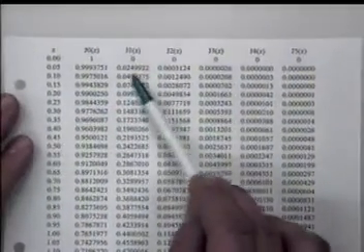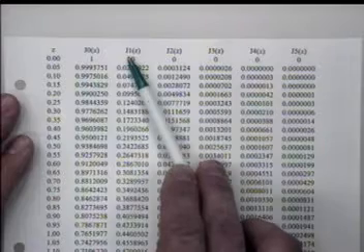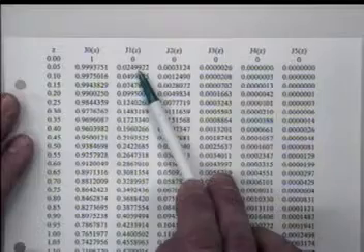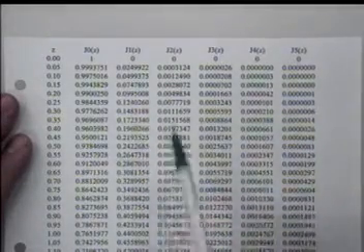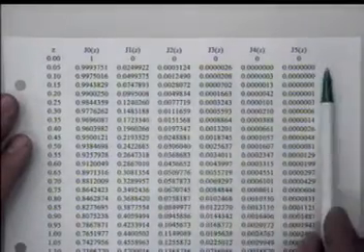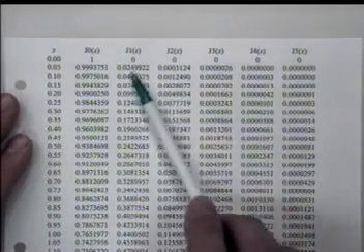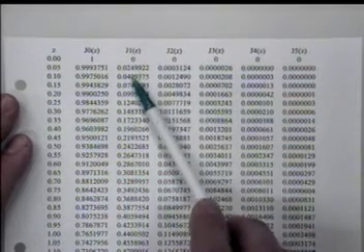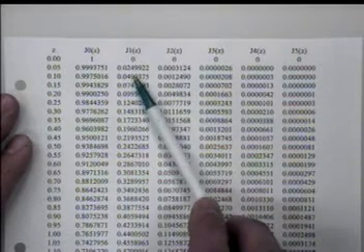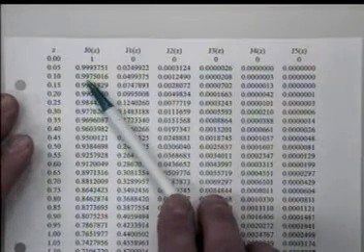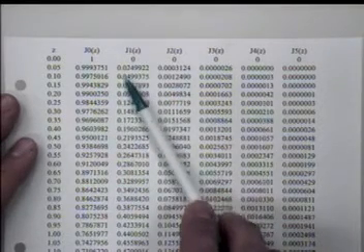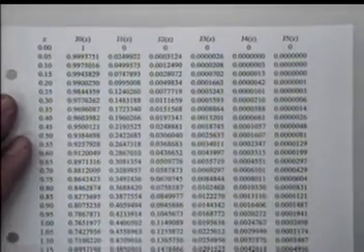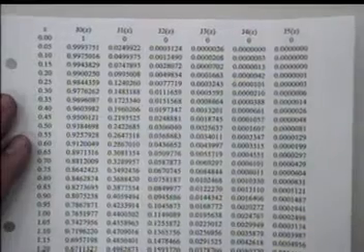Then I did it for n equals 1, in this case J1 of z, and again calculated what y would be equal to in each of those cases. The difference is that in these I only did 3 terms. It starts getting complicated, but I just chose to use 3 terms in my calculation, whereas for this one I chose 7 terms. But there's no reason you can't go out for a whole lot more terms. Anyway, that's what this whole chart is.